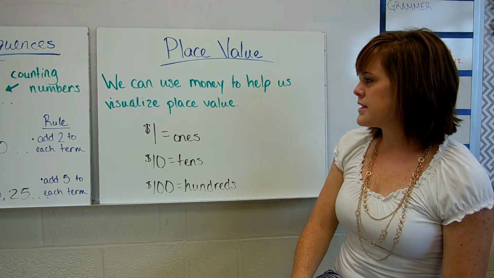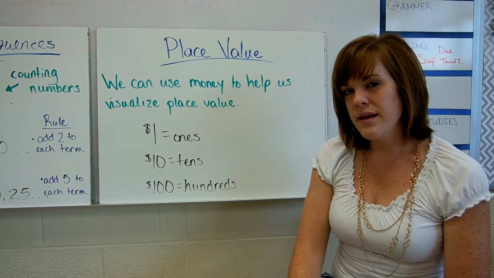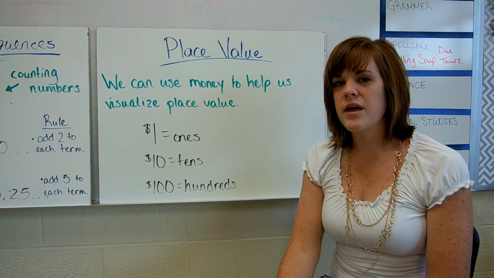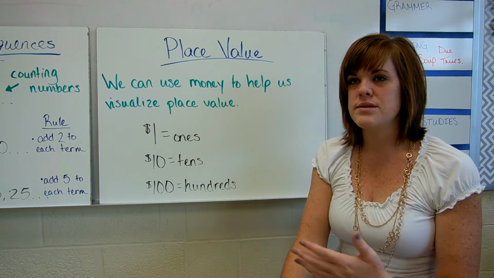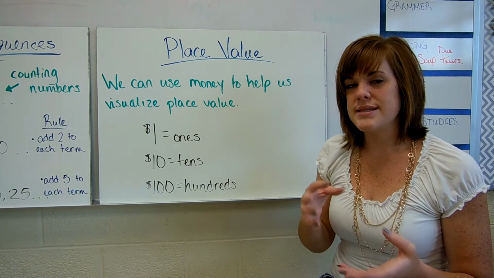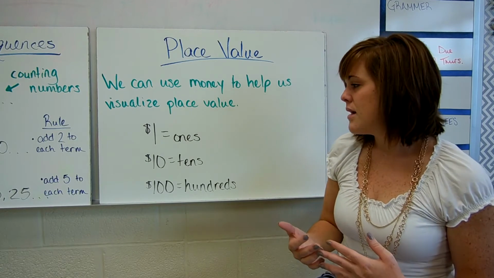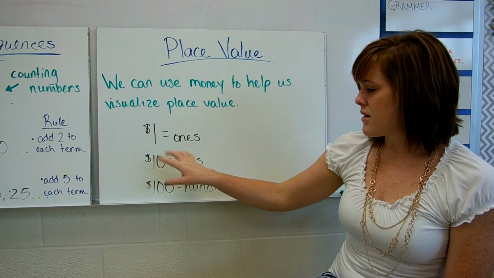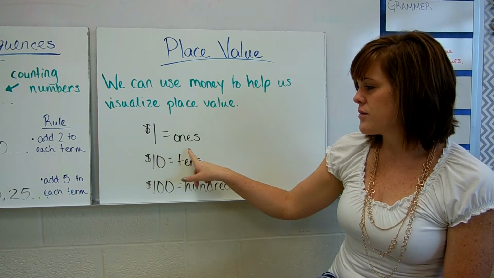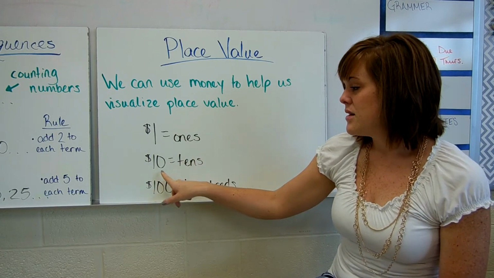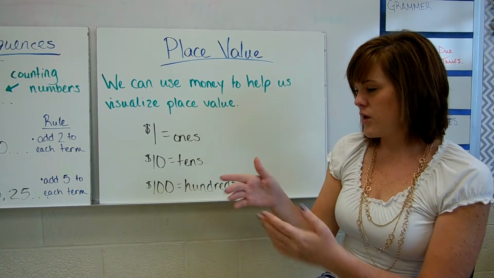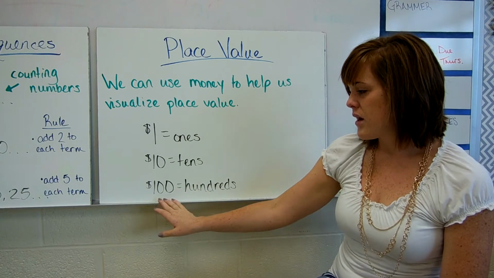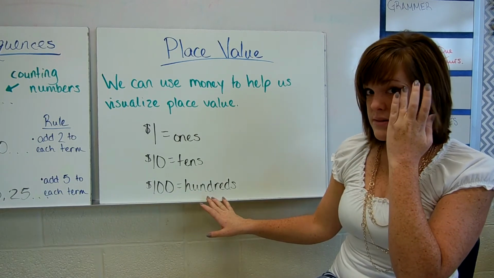Okay, so place value. You can use money to help you visualize place value, and when we get into decimals, we'll use money to help us visualize the tenths and hundredths. Right now we're just looking at the whole numbers, so $1 would be your ones spot, a $10 bill would be your tens spot, and a $100 bill would be your hundreds spot.